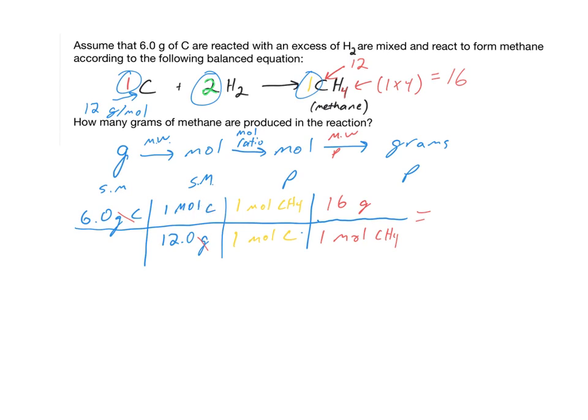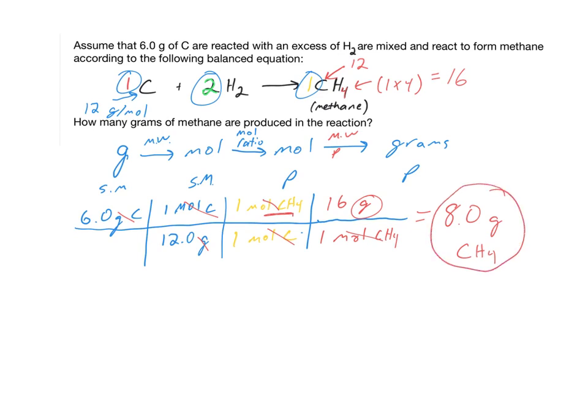And we want it to be in moles of carbon, just like our little pathway up here. And then we look, those cancel out, and now leave us in moles of methane. We eventually want to get to grams, so those cancel out, and we're left in the unit of grams. And now if you punch all of this into your calculator, you should get 8 grams of methane.